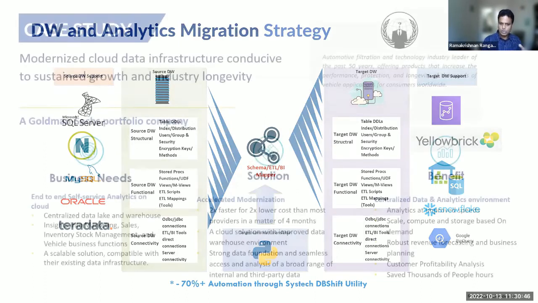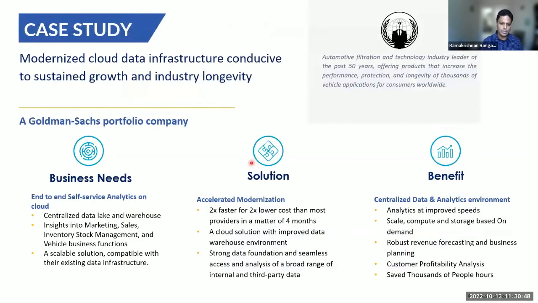And to talk about one of the success stories with respect to the manufacturing industry, we did a recent migration for a Goldman Sachs portfolio company. They are manufacturers of air filters. So we migrated them from an on-prem SQL Server environment to a cloud environment, and of course, I don't have to highlight the benefits of this modernization, and Yusuf has talked about it.